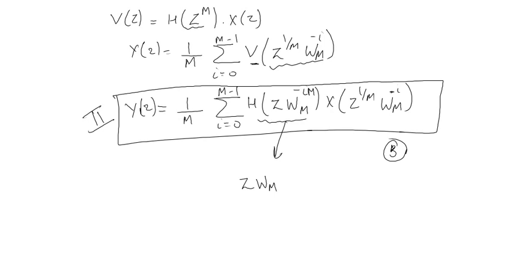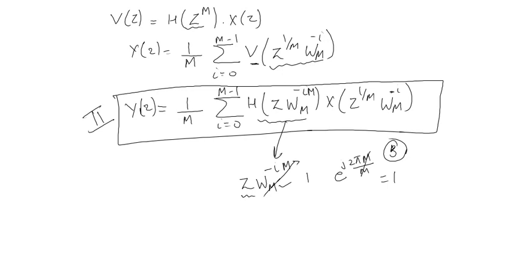So this will be W_m to the power I m. Both are m in the subscript and superscript, so this value will be 1. The twiddle factor will be 1. Why? Because e to the power j 2 pi m upon m, m will get cancelled, and e to the power j 2 pi is simply 1. So we are remaining with only h of z.